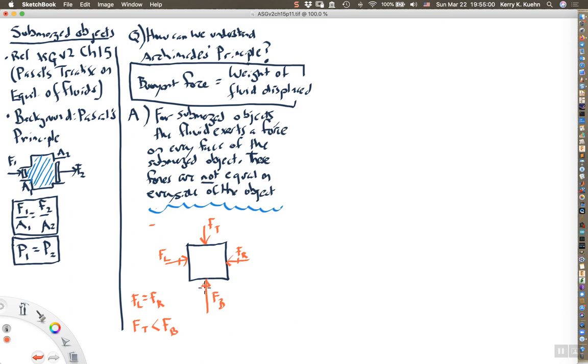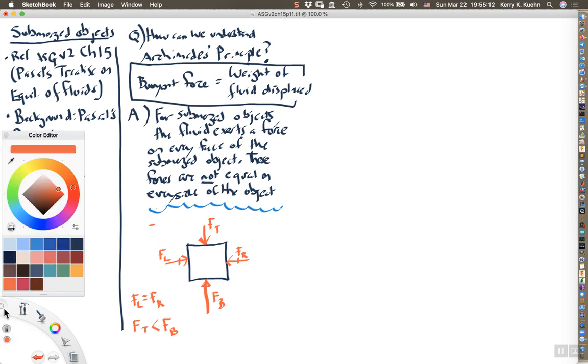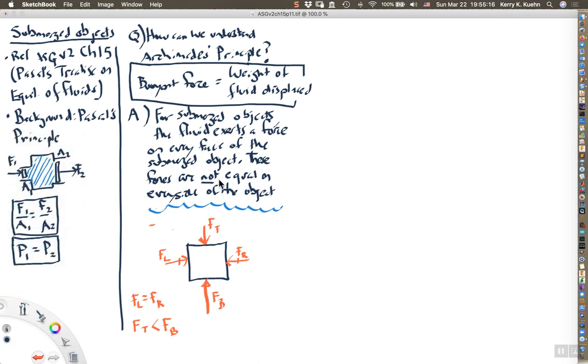In other words, this force right here is larger than this force right here. Now, that is critically important, that there's an unbalanced force on this object. So let me draw a line right here.